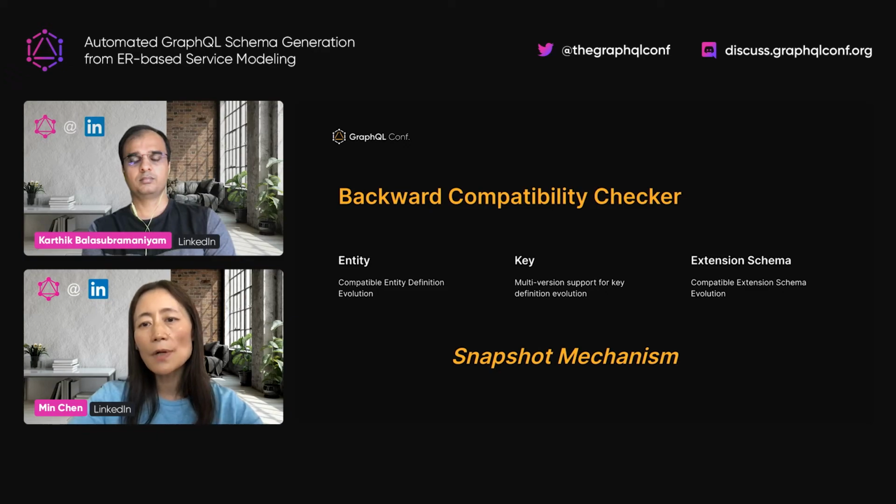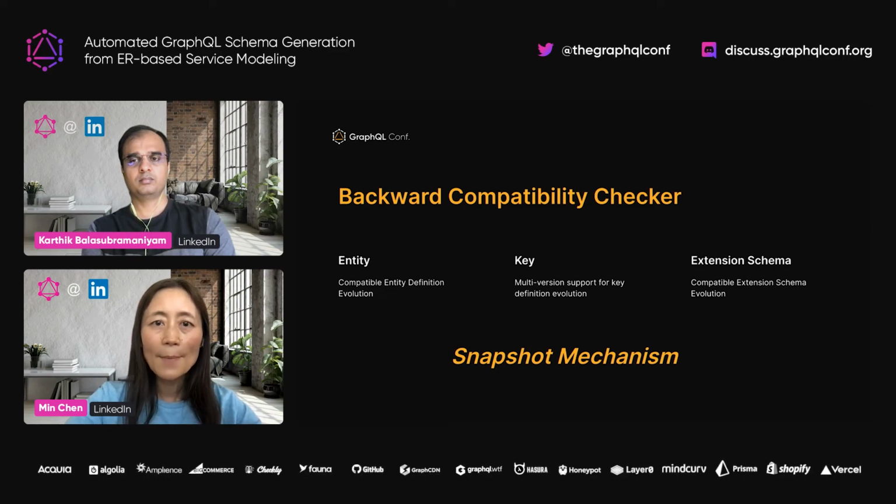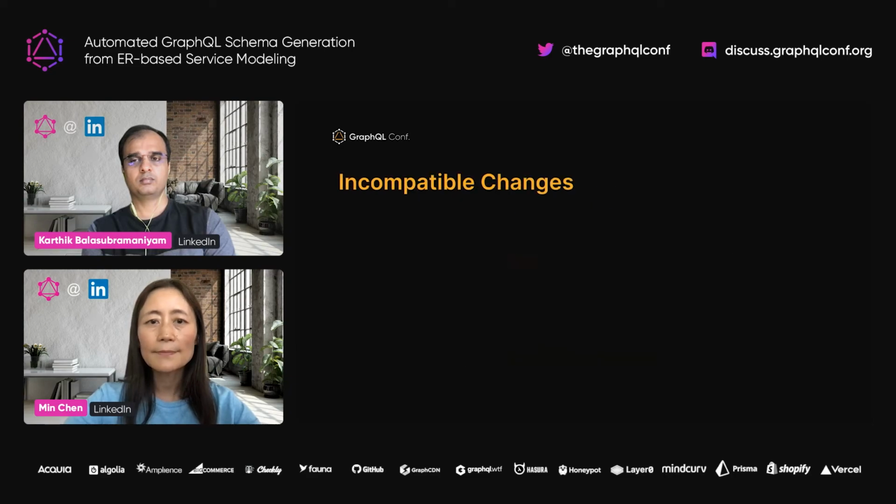Lastly, incompatible extension schema definitions. The way we build this backward compatibility checker is to build a snapshot version from the ER modeling. At service build time, we compare the new service modeling with the snapshot we kept, detect potential backward incompatibility, and then prevent the service developer from committing their changes.